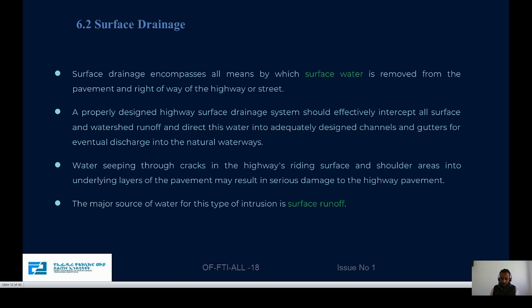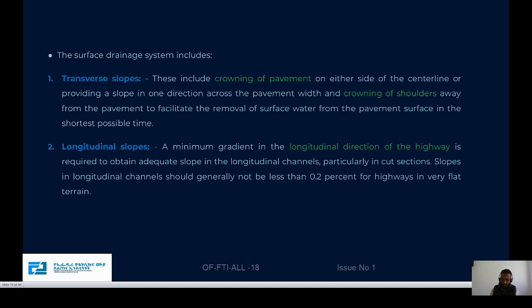Also defects, for example potholes and cracks, become a serious problem. So the surface water must be managed. A major source of surface water is surface runoff related to rainfall.